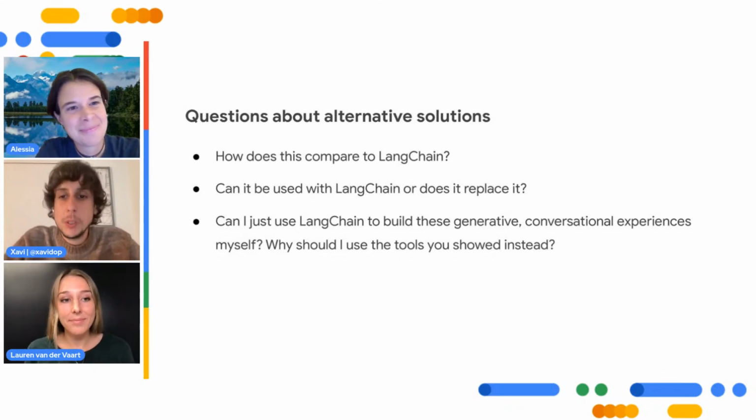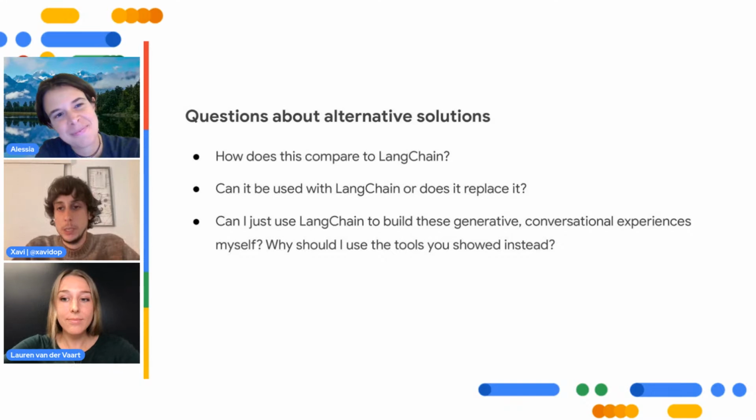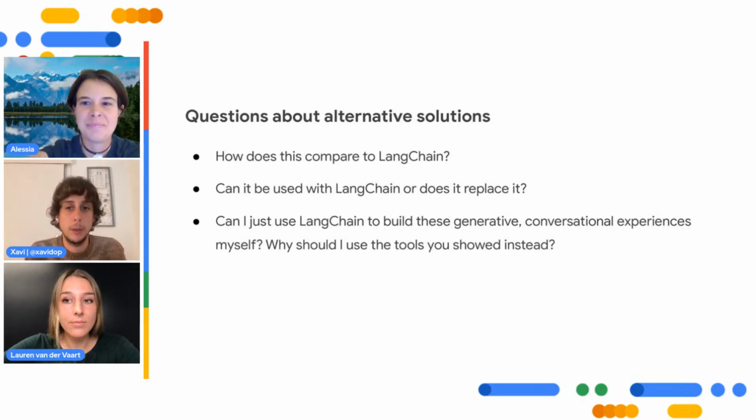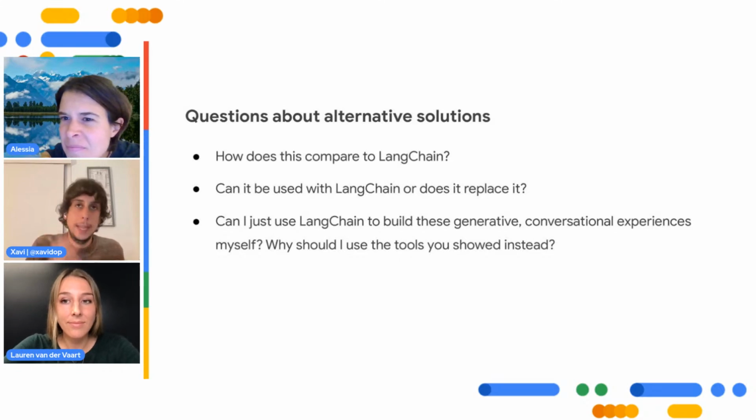Yeah, so those are great questions. What I would say is Dialogflow CX is a platform that has a lot of things built in and fully integrated. And LangChain, at least for me, is a framework. Of course, with both you can create conversational AI apps, but they are using different approaches.